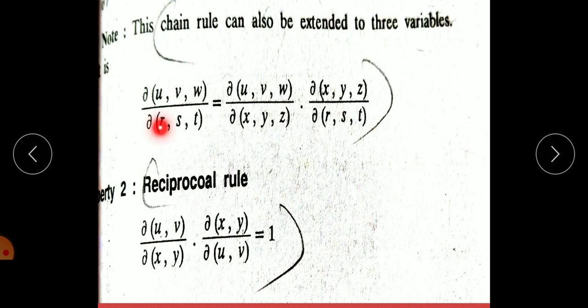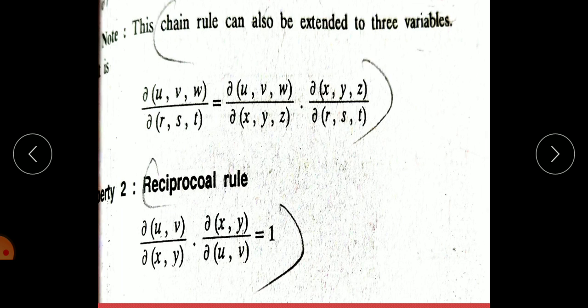The chain rule can be extended to three variables also: dou of (u, v, w) by dou of (r, s, t) equals dou of (u, v, w) by dou of (x, y, z) into dou of (x, y, z) divided by dou of (r, s, t). The second rule is the reciprocal rule. We have seen reciprocals in lower classes, upside down.